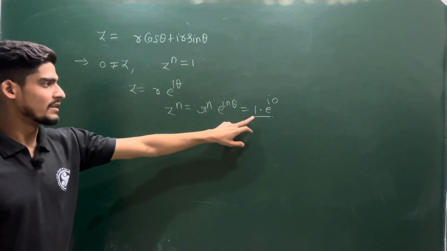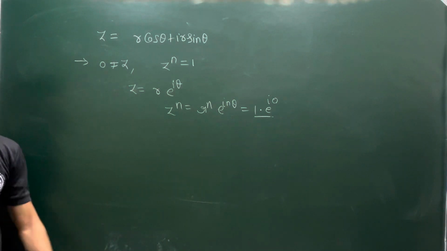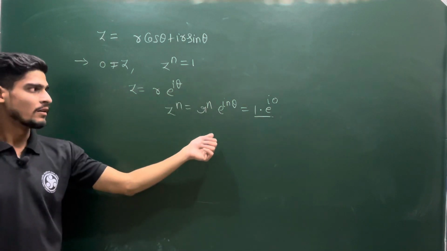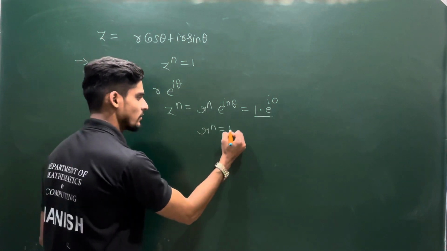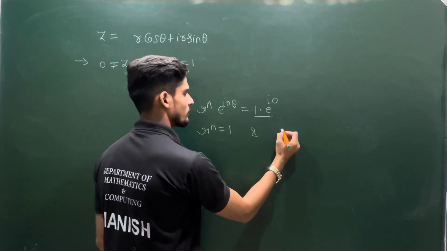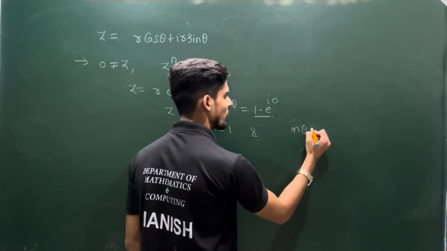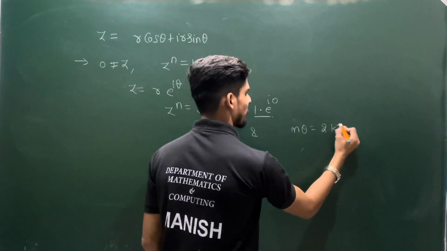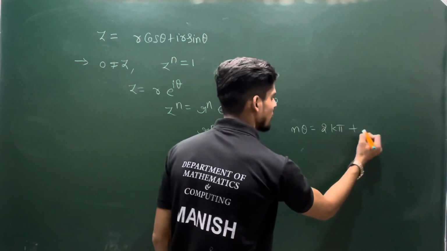So if you compare, this is a complex number, this is a complex number. If two complex numbers are same, then their modulus will be same and their argument part will be same. So what you are going to get, r power n is 1 and e power iota n theta, or more generally you can say your n theta is going to be 2k pi. You can say this, or if you are not feeling good, you add 0.